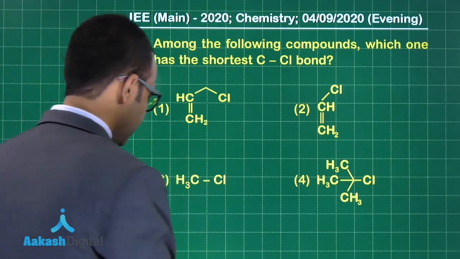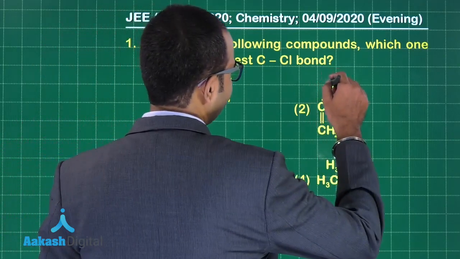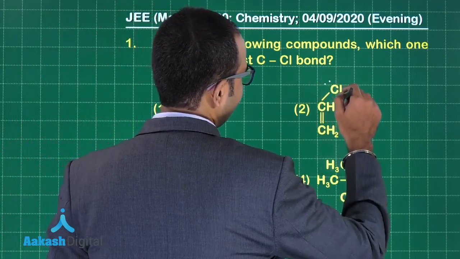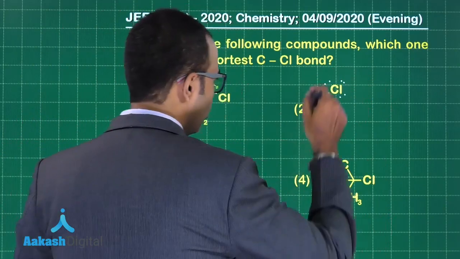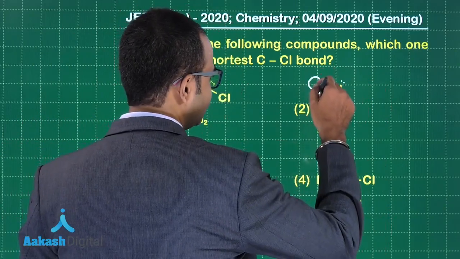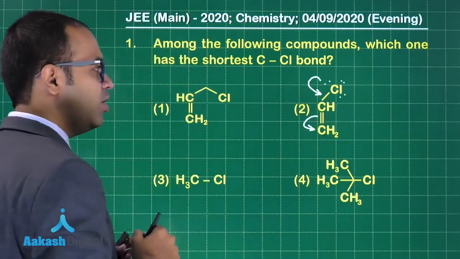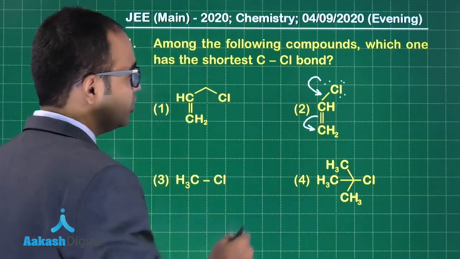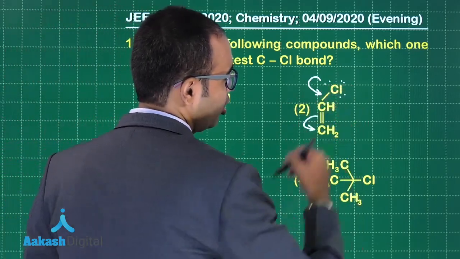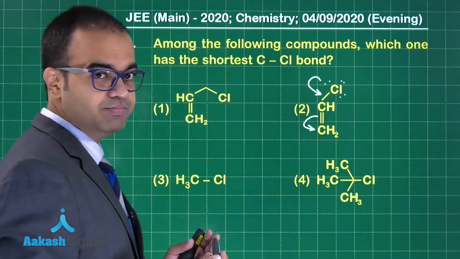Let's see. Here we have a lone pair. This lone pair will be involved in resonance with this double bond. As this lone pair is involved in resonance with the double bond, the single bond over here will also have a double bond character.